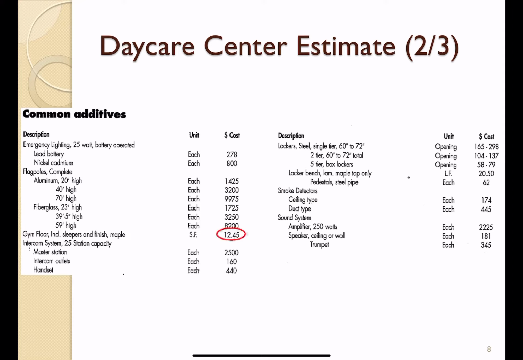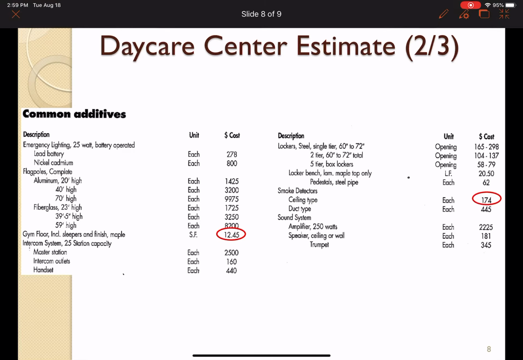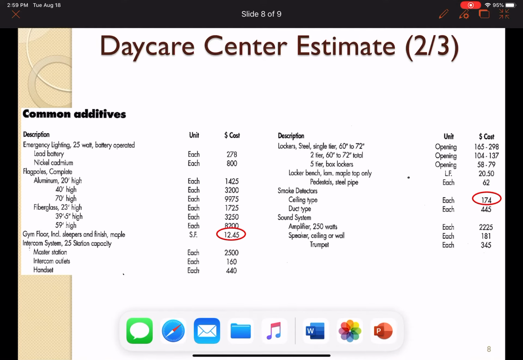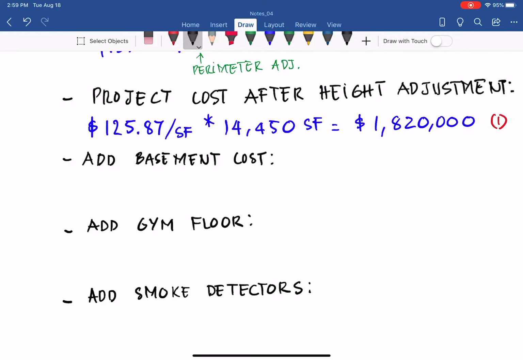In this case, the gym floor is $12.45 per square foot. Smoke detector, $147 each, ceiling type. So from that we can add up here each of the cost item additions.